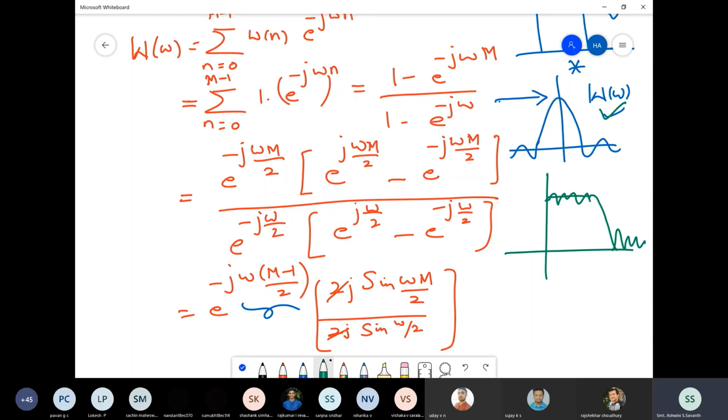So like I told you, since you're multiplying the infinite duration sequence HD of n in the time domain with the window function, you cannot make out what is actually happening in the time domain. You'll have to look at it in the frequency domain to see what exactly is happening. If you look at what is happening in the frequency domain, there is a convolution going on, a rectangular function with a sinc function.